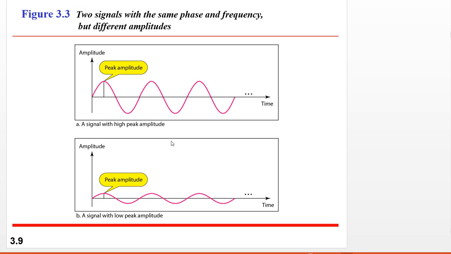Now you can see the peak amplitude is where the highest value of the wave represents the peak value, that you are seeing on the diagram right now, which I am showing. This is the point where the signal reaches its highest value, which you can call the peak amplitude. Correct.